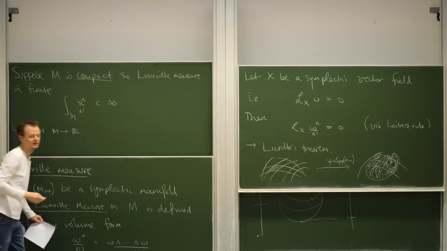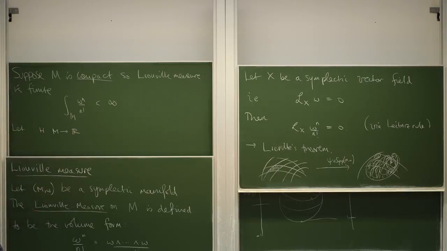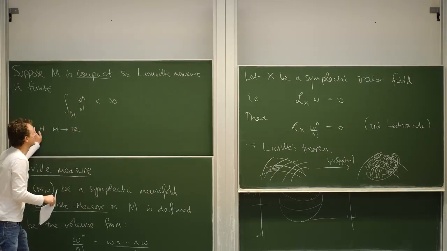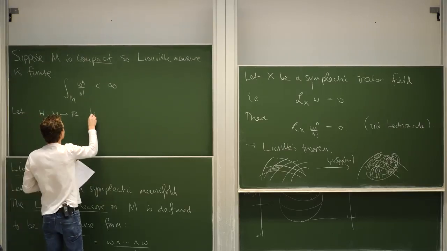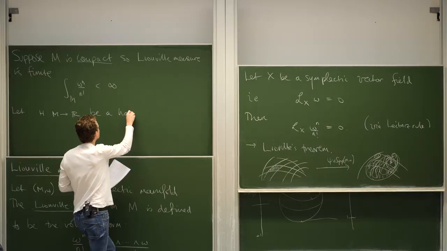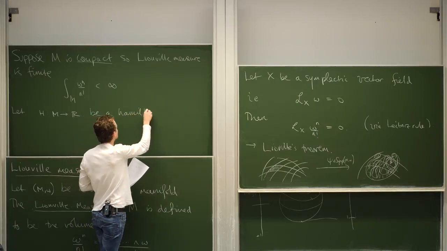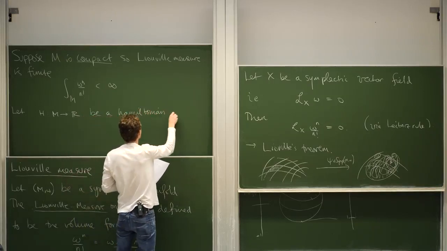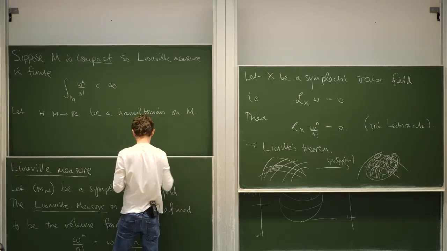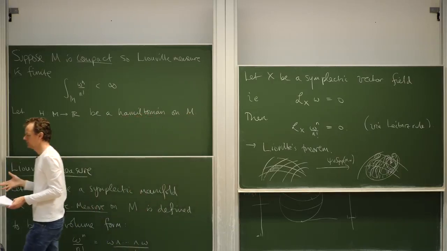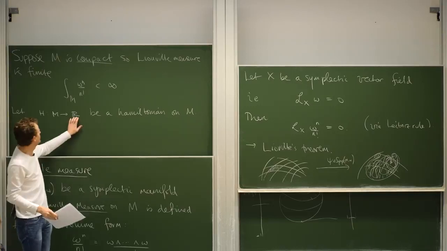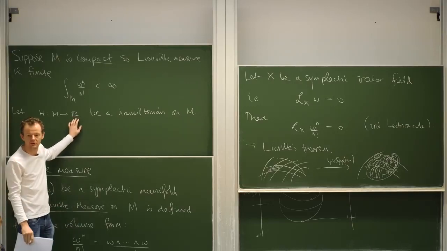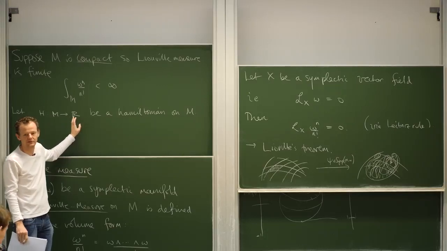Remember, a Hamiltonian is nothing other than a real-valued smooth function on your symplectic manifold. Now we've got two spaces. We have our original symplectic manifold, and we have the image of the energy function, which we know to be convex, and the convex hull of the fixed points of the energy.